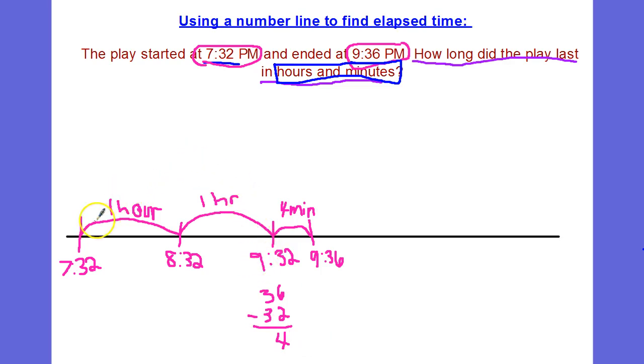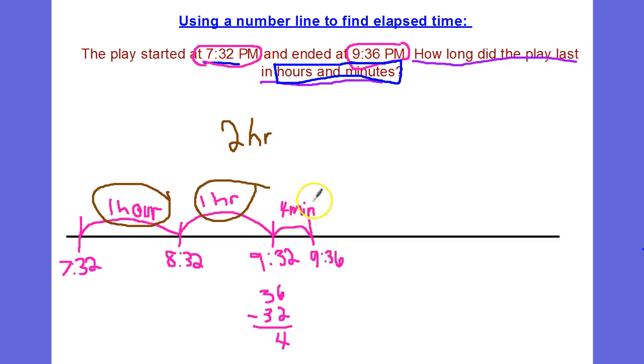Well, now we have to go ahead and add together all of our times up here. So I see right here, and remember we're going to want to add together like times. So I'm not going to add the minutes to the hours. I'm only going to add the hours together, and then I'm going to add the minutes on after. So right here I have 1 hour plus 1 hour, which equals 2 hours.